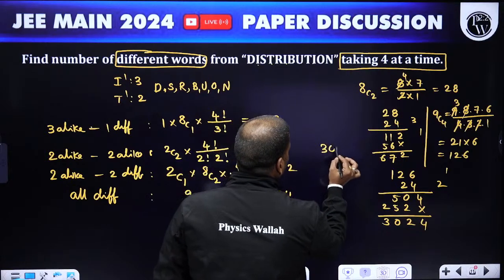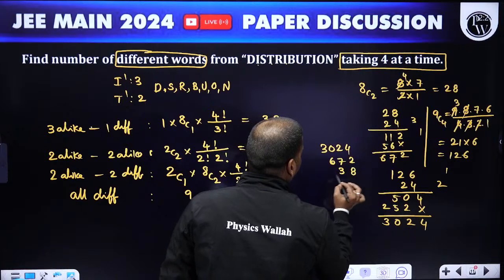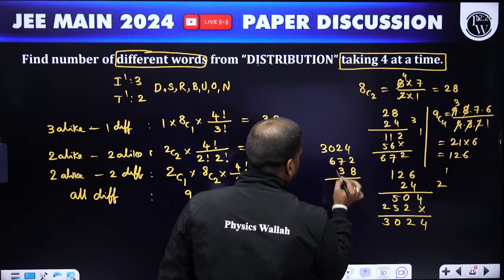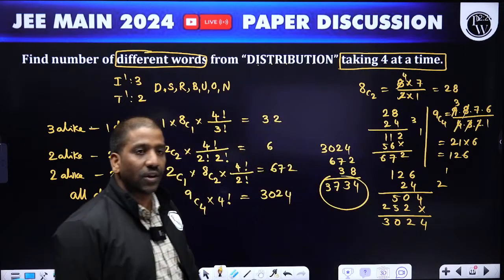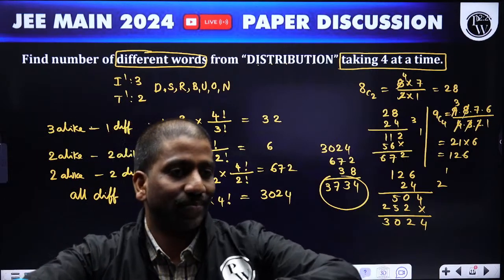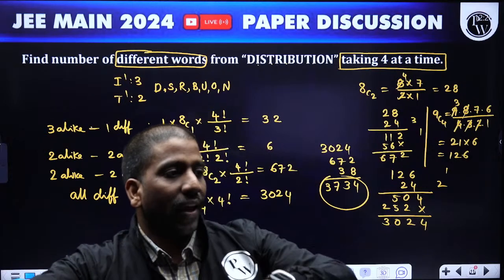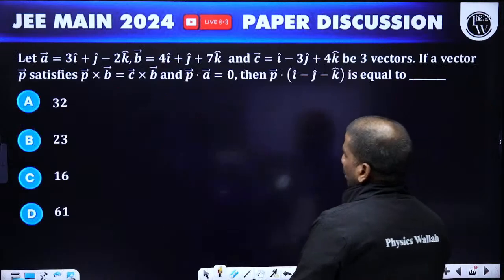So 3024 plus 672 plus the earlier cases, 38, 10, 14, 1, 10, 13, 1, which gives 7, 3, 4. So these are the different cases. Okay, right. So this is a calculation based question.